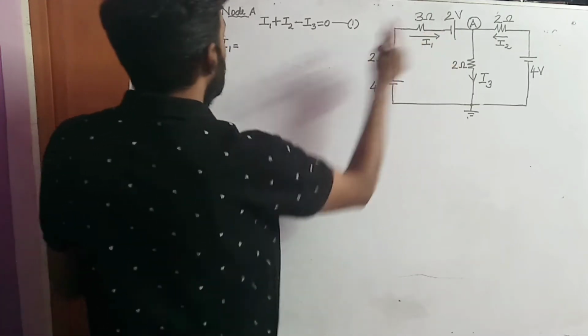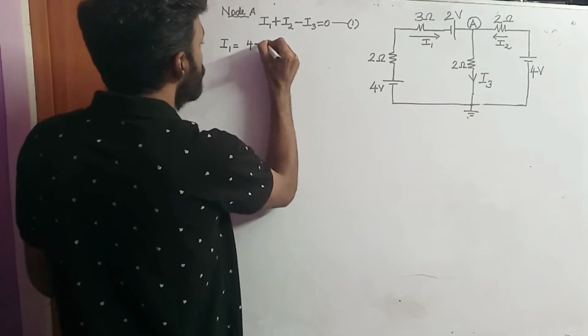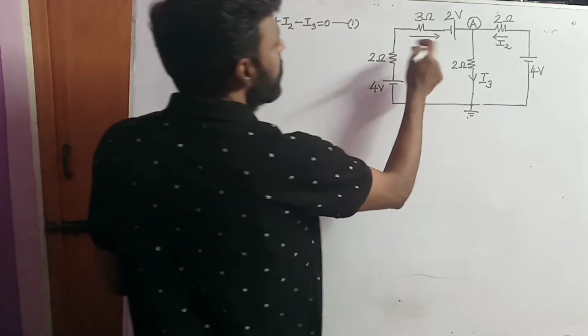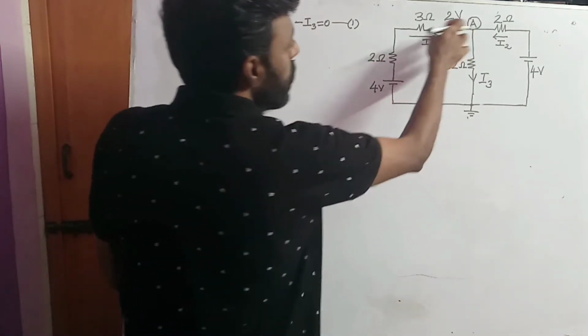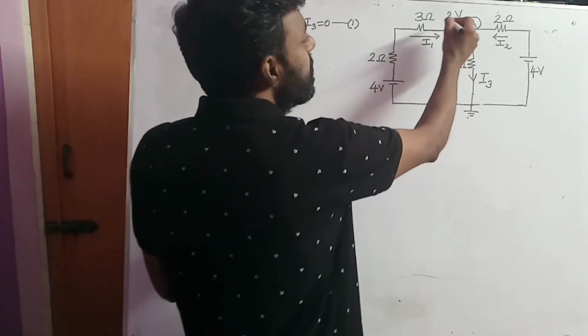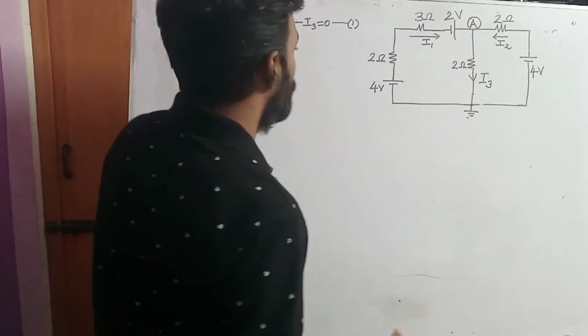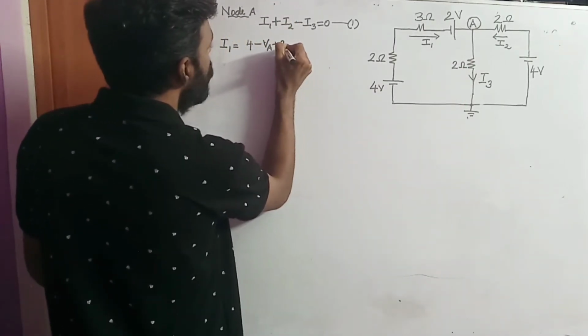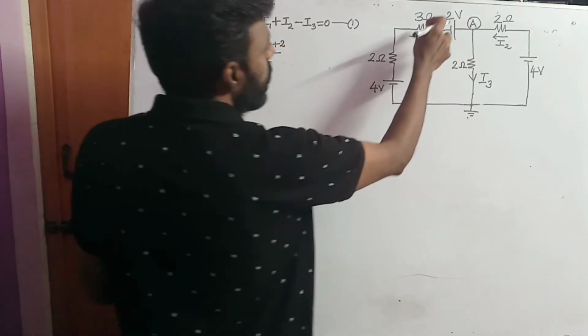So I1 will be 4 minus VA, the difference in voltage. Since the current moves from the negative terminal to the positive terminal of the 2-volt battery, I am taking this voltage value as plus 2, divided by the resistors.